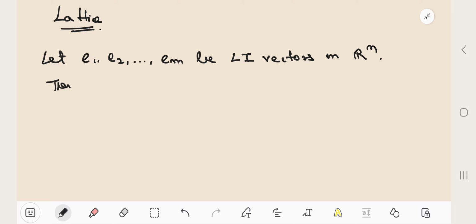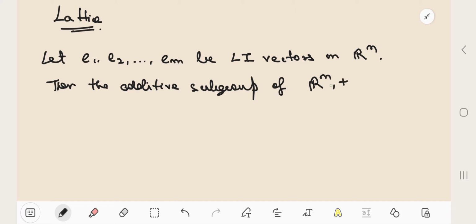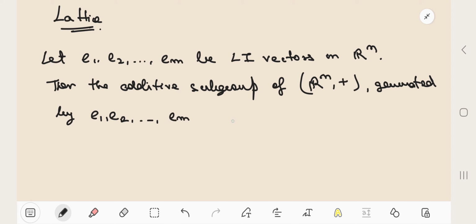Then the additive subgroup, which is clearly abelian, because we are talking about the additive subgroup of Rn, considering Rn as the additive abelian group, generated by these vectors E1, E2 till Em is called a lattice of dimension n.